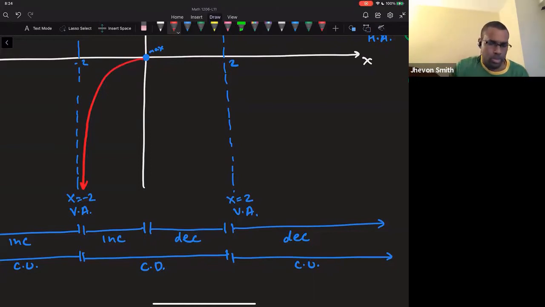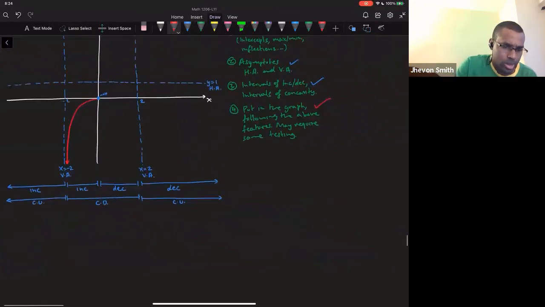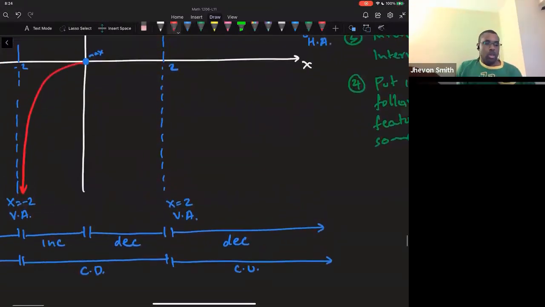Similarly, if I'm looking in this region over here, where I want to draw next, notice that I am in the region where I'm decreasing and concave down.